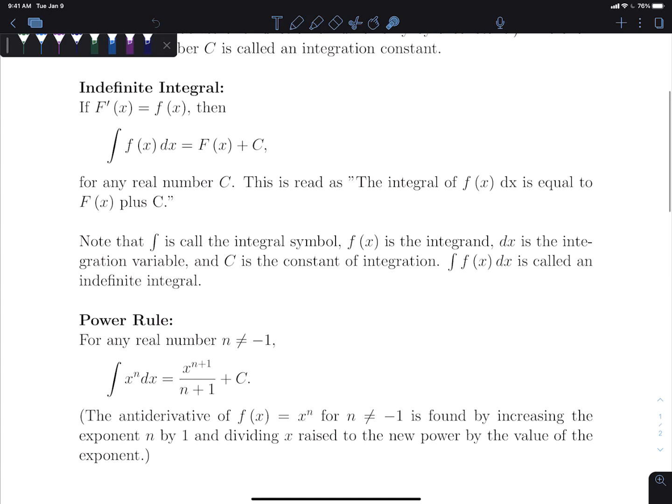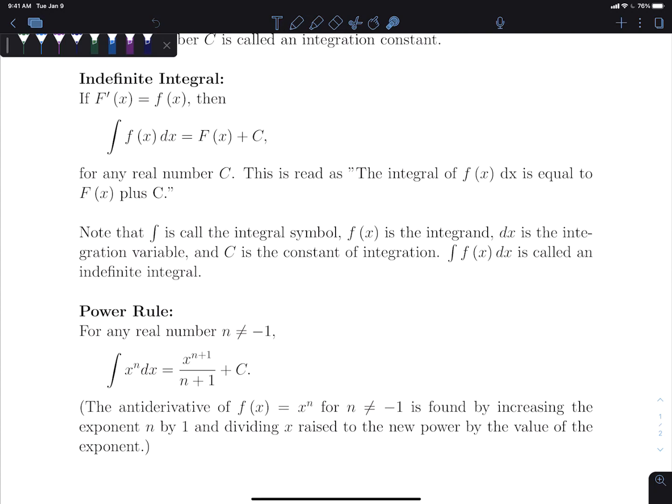Okay, now this brings us to the real crux of the matter, where we have if capital F prime of x is equal to little f of x, in other words, capital F, its derivative is little f, then the integral of f of x dx is equal to capital F of x plus c, for any real number c.